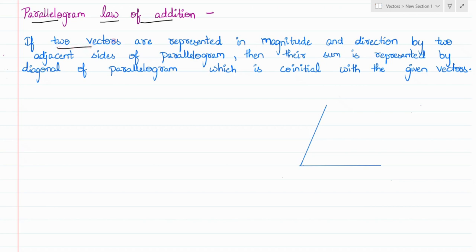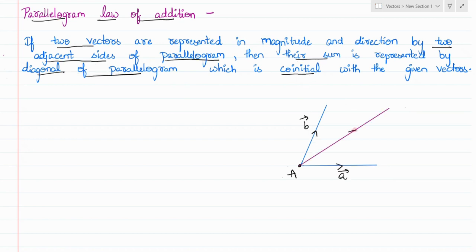So here, if two vectors are represented in magnitude and direction by two adjacent sides of a parallelogram, which means these are the two vectors A and B represented as the two adjacent sides of the parallelogram. But the main thing here is these are co-initial vectors starting from the same initial point, that is A. Then their sum is represented by the diagonal of the parallelogram, which is co-initial with the given vectors.